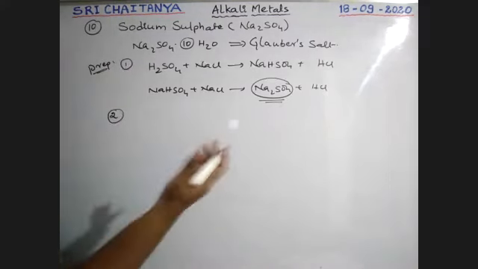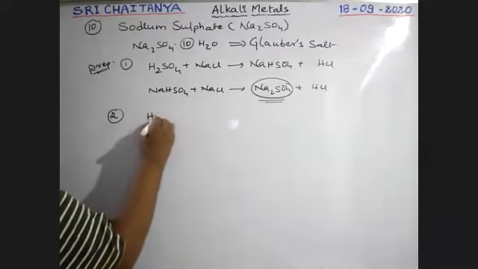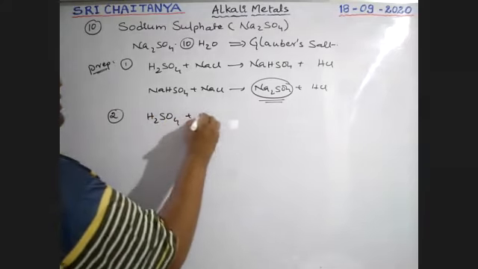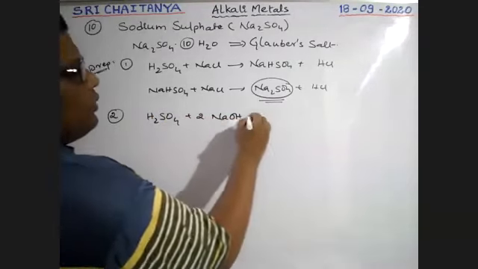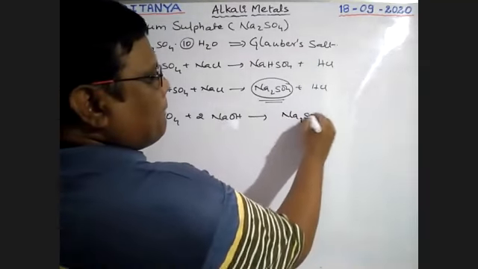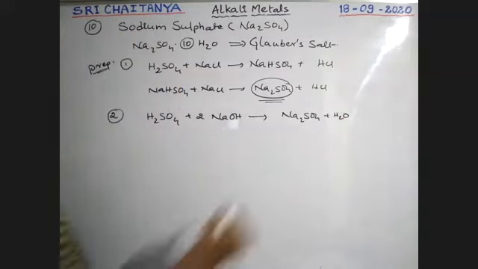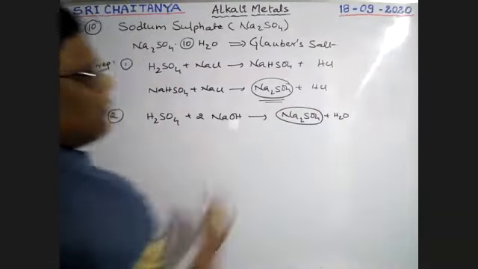Second one, when acid and base react with each other, that gives salt. That is, when H2SO4 reacts with NaOH, that gives Na2SO4 plus H2O. It is sodium sulfate. It is the preparation.